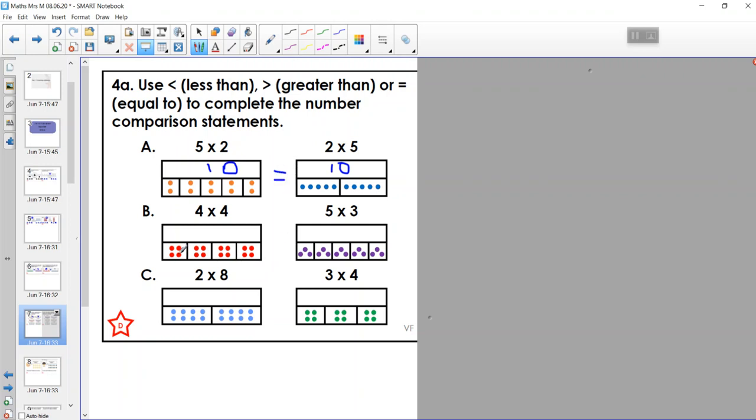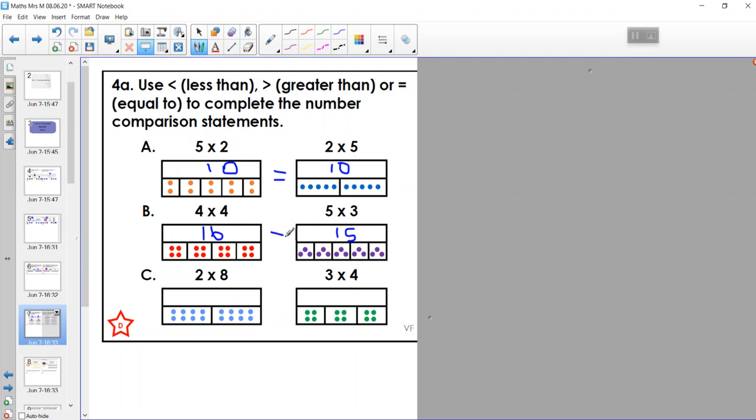Have a quick go at the next one on your own. 4 4 times, and 3 5 times. 4 4 times is 16, and 5 3 times is 15.